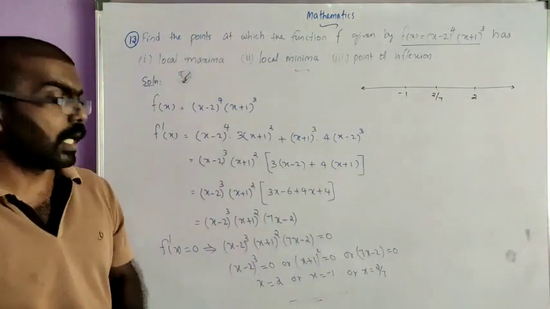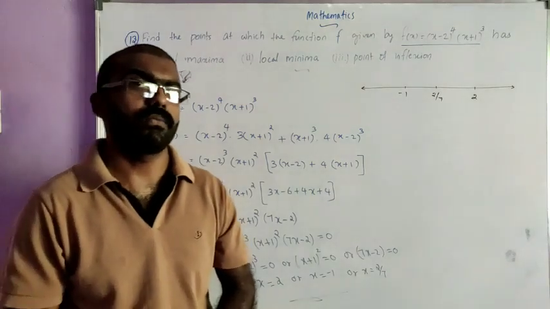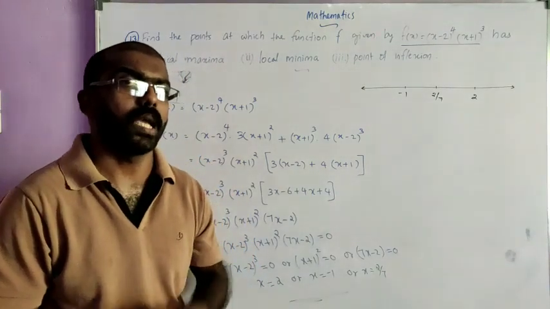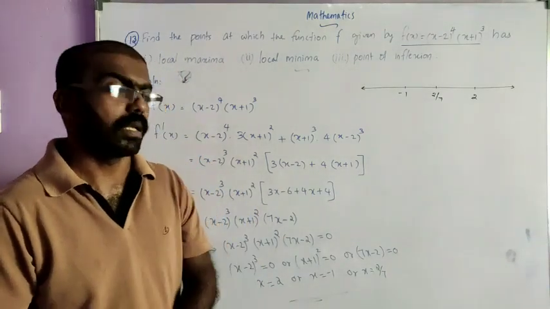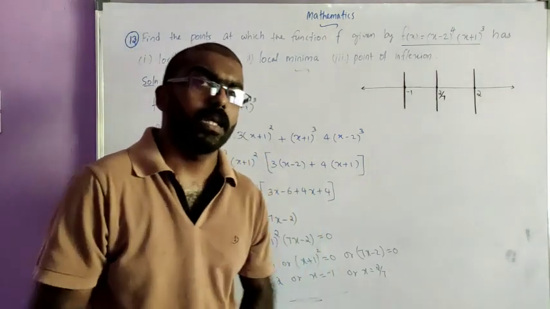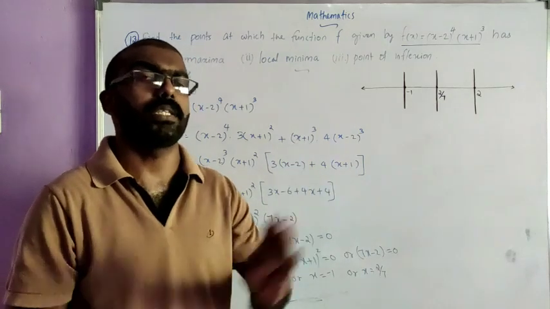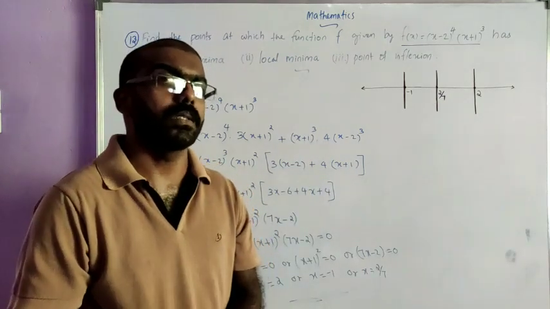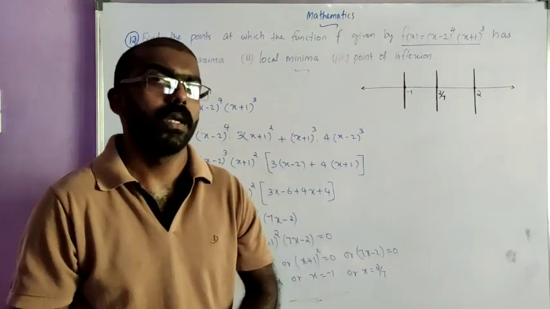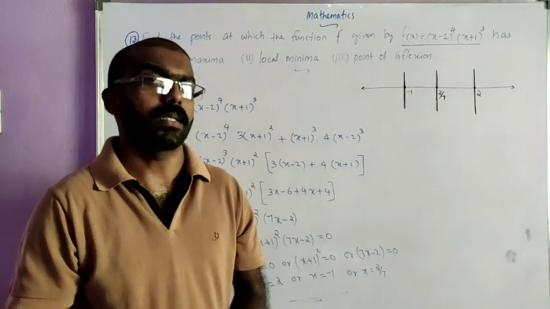Okay. Now we have to check the sign of f dash of x as x increases through c. So by first derivative test, if f dash of x changes sign from positive to negative as x increases through c, then we can conclude it is a point of local maxima.